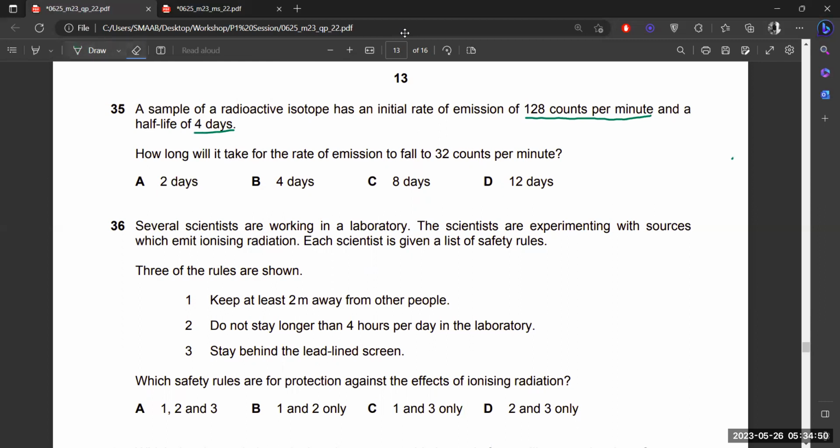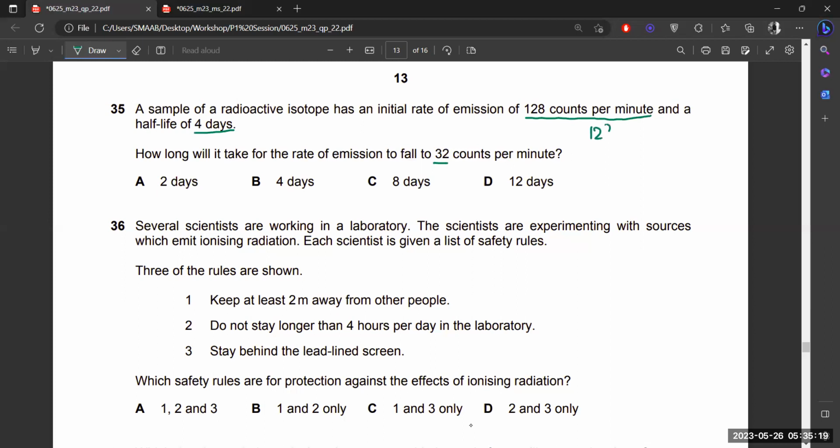This question is also repeated from past papers when we start the topical of nuclear physics. So you will observe this question is also from the past papers.